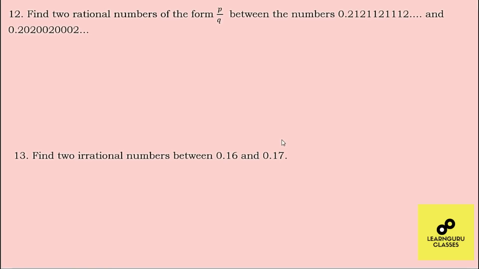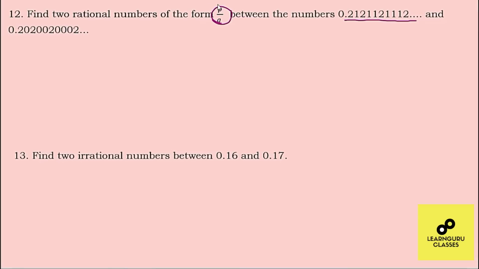Next is the 12th question: find two rational numbers of the form p/q between the numbers this and this. So both of these are irrational numbers, as you can see, because they are non-terminating and non-repeating decimal expansions. Okay, so you have to find two rational numbers in the form of a fraction between these two numbers.